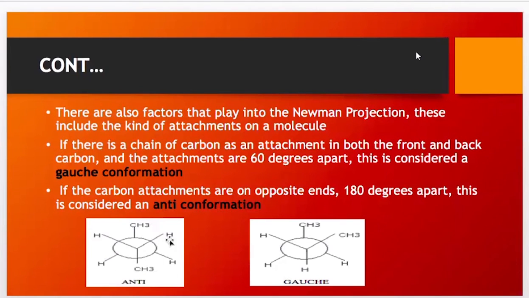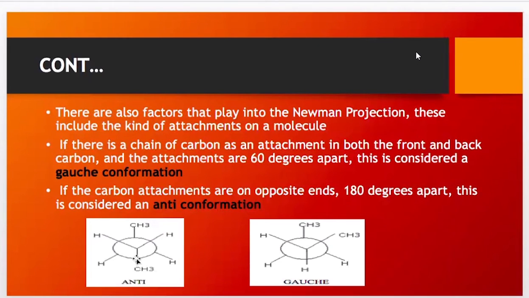So with this conformation of this molecule, the angle between this CH3 and the other CH3 is 180 degrees. That means they are quite far from each other, and because of that, you are reducing the strain of this compound.